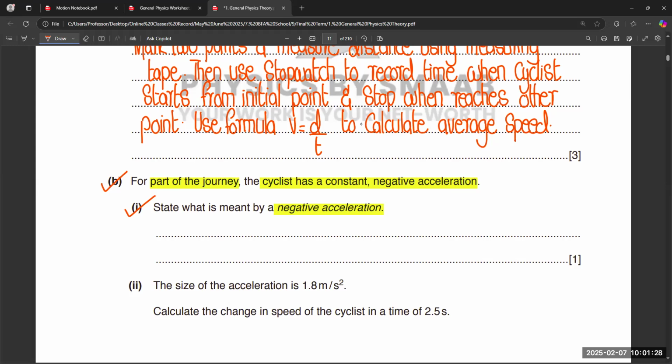Negative acceleration also called deceleration. And in negative acceleration, we know there is a decrease in a speed of a body. So when a body applies brakes, so definitely speed decreases with respect to time, and that specific acceleration is called negative acceleration.